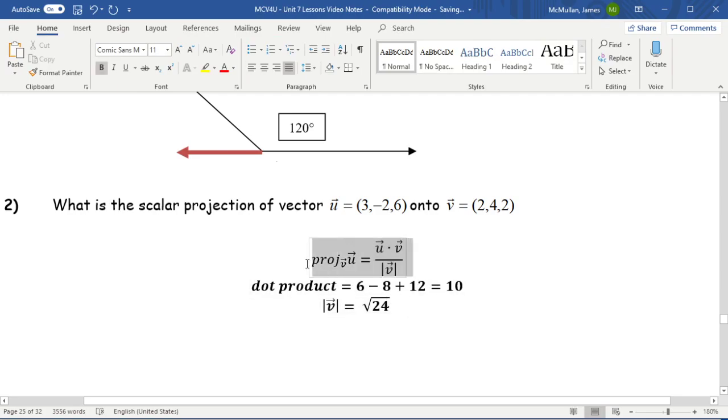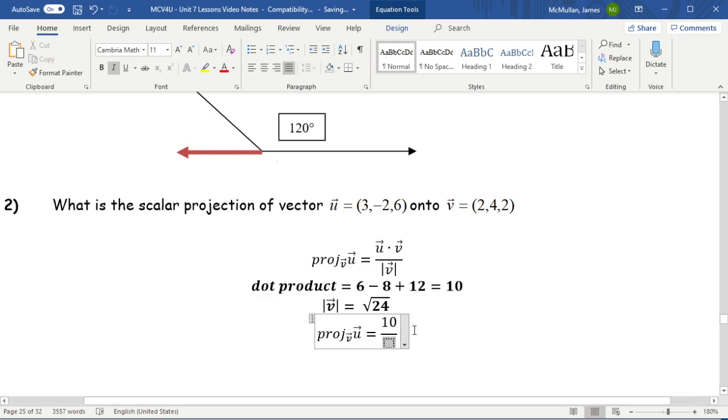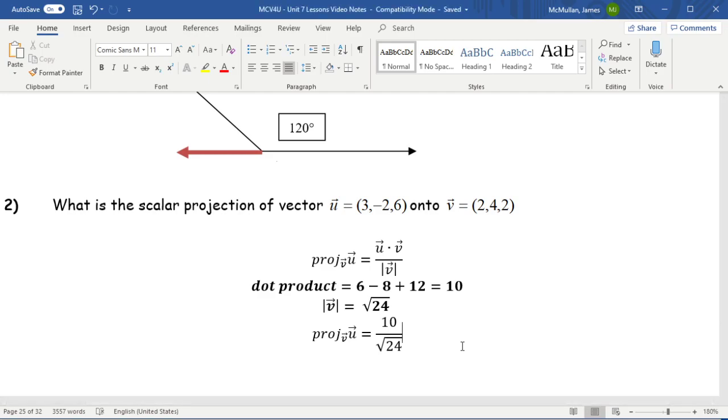So therefore, the projection, right, just fill in the numbers. Take the dot product, replace the dot product with 10. The bottom part will be square root 24. Okay, now this number, right, it's positive because these two vectors must have an acute angle between them, which we discovered when we did their dot product.